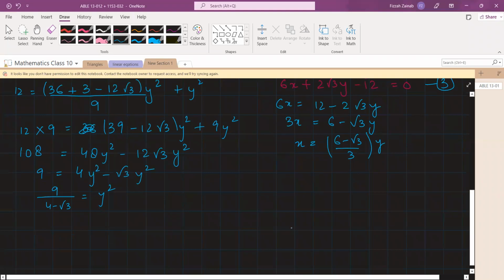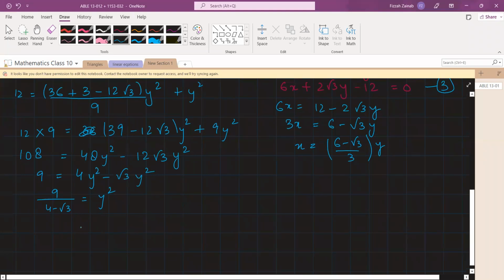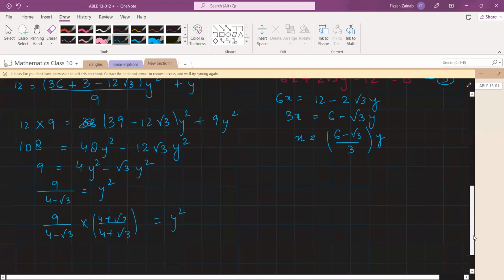So you need to rationalize it in this kind of problems. So 9 upon 4 minus under root 3 into 4 plus under root 3 upon... okay, it has lengthy calculations, but anyway, it gives you good practice at calculations.